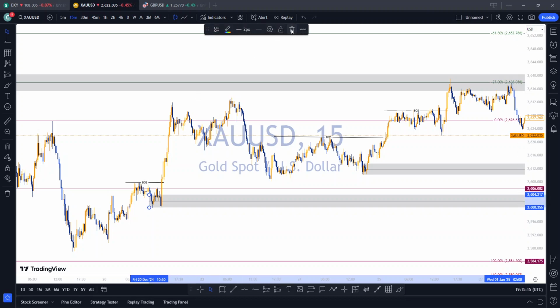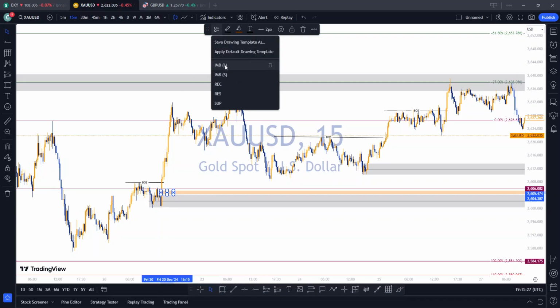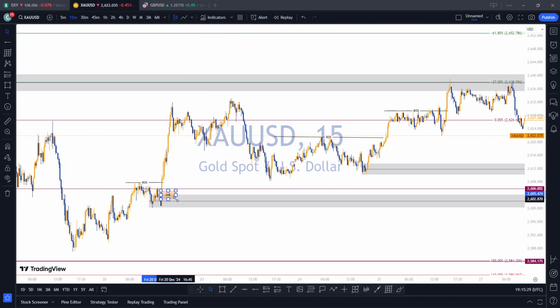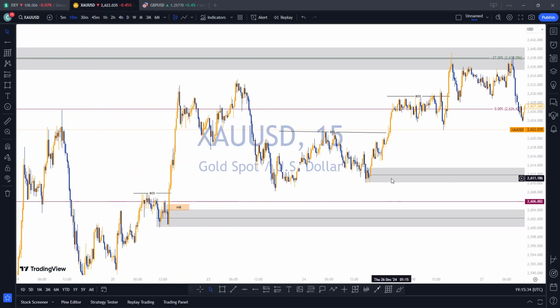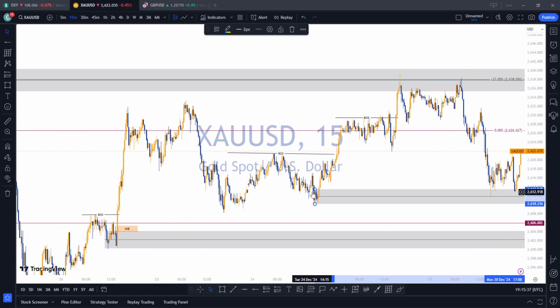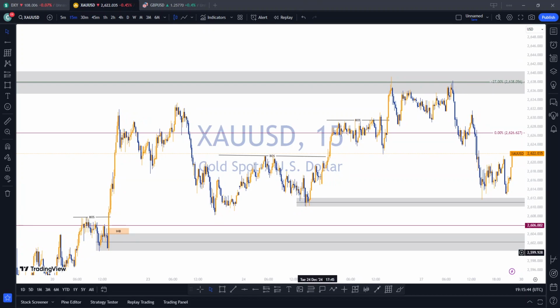We have this, then we also have this imbalance right here. So based on the 15-minute time frame, we can adjust this right here, and we also have this imbalance right here.